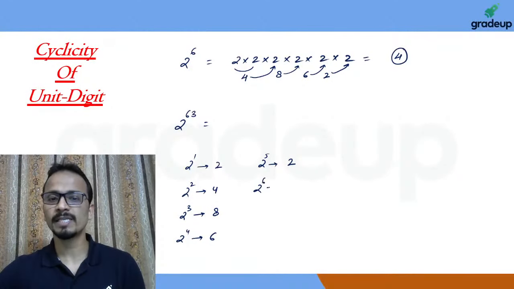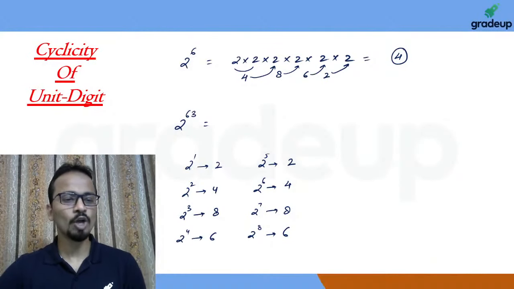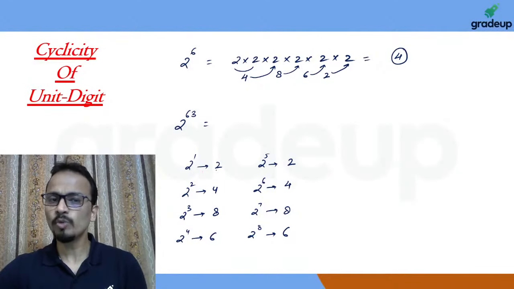2 raised to the power 6, the unit digit will be 4. 2 raised to the power 7, it is 8. 2 raised to the power 8, it will be equal to 6. Now, if you observe in this case, 2 raised to power 1, unit digit is 2, then 4, then 8, and then 6.